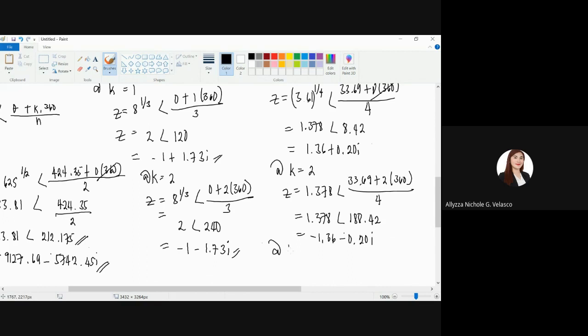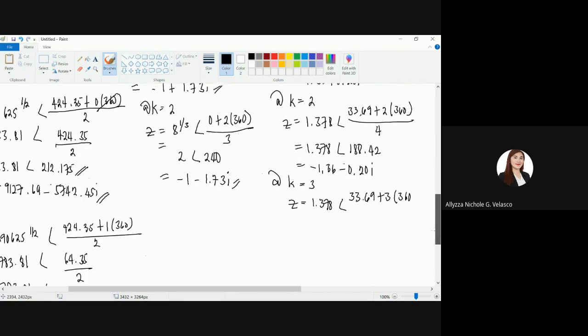And the last root is equal to when k is equal to 3. So z is equal to 1.378. So change lang yung value ng k. So same pa rin naman ang theta, 33.69 plus 3 multiplied by 360 over 4, that is equal to 1.378 per angle.